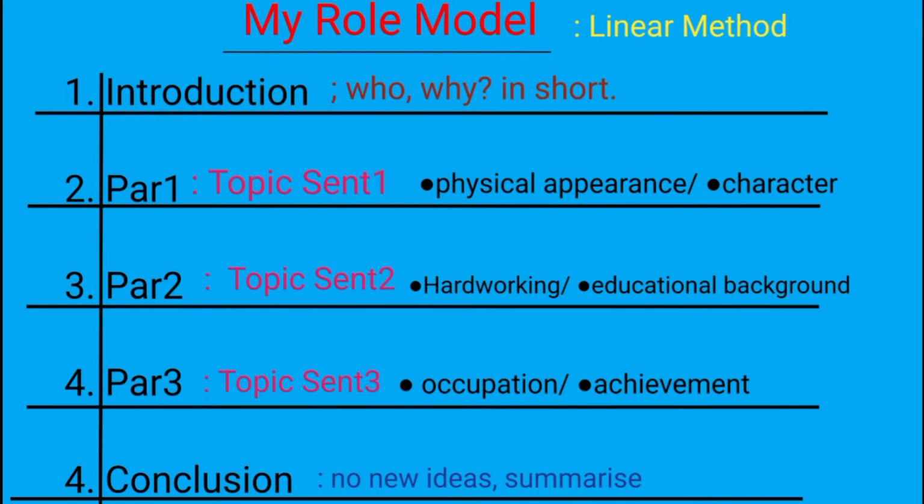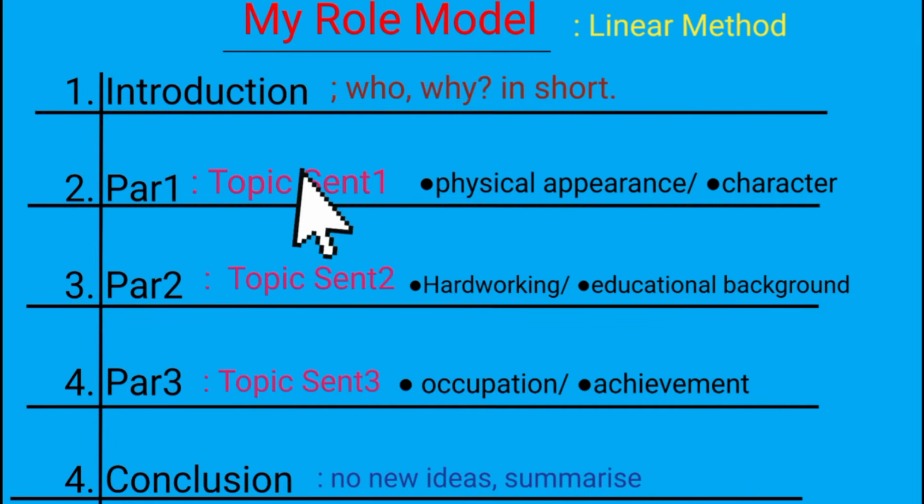Now, the reader will be expecting to hear more as to why you are saying that your mother is your role model. So in a creative way, add a little bit of why you take your mother as your role model just in the introduction. Do not give the whole body in the introduction. Then you move on to the next paragraph, which is going to be the main paragraph, whereby you have topic sentence 1.